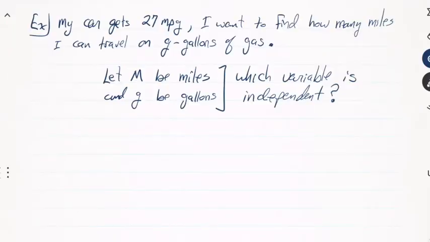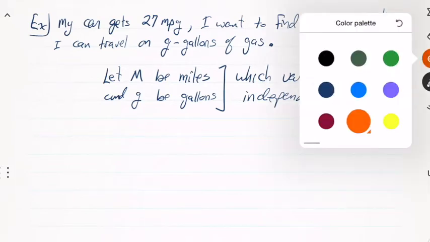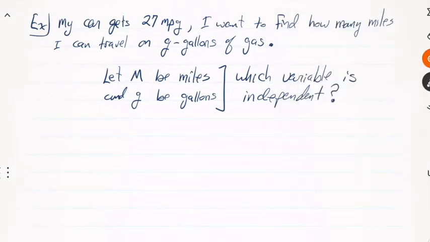So for example, my car gets 27 miles per gallon. I want to find out how many miles I can travel on a certain number of gallons of gas. So if I let m be miles and g be gallons, which variable is the independent variable? You have to be able to pick this out really well so that you get the order of the coordinates right and you can get the answers correct for my questions.